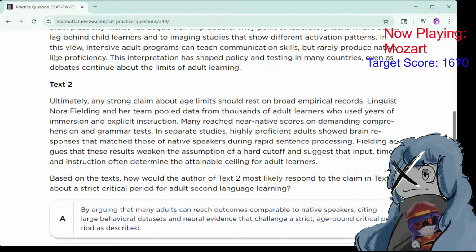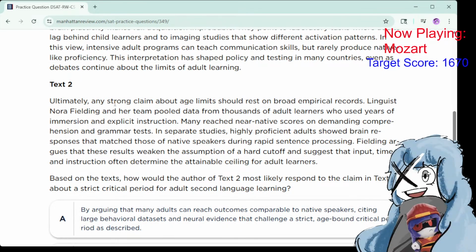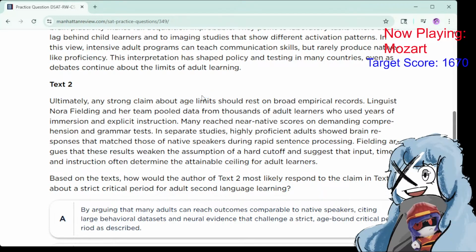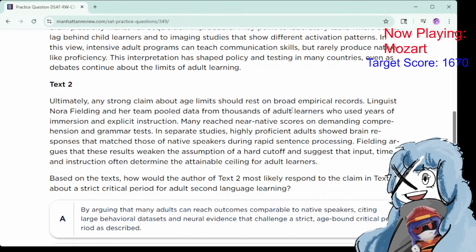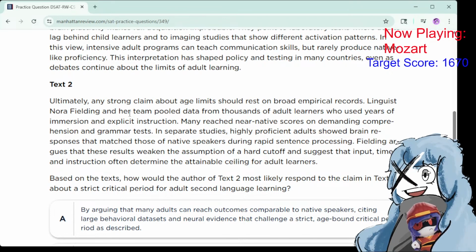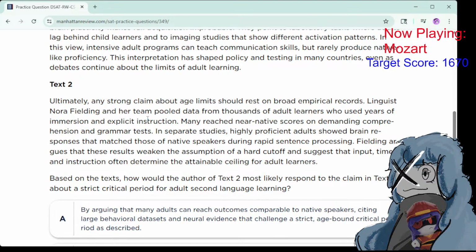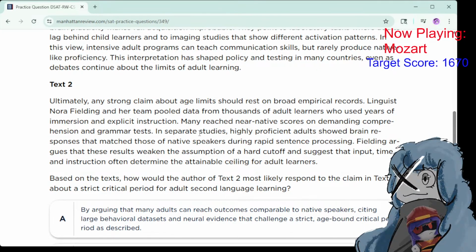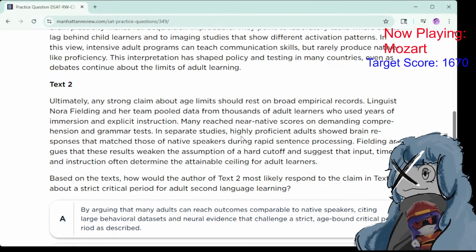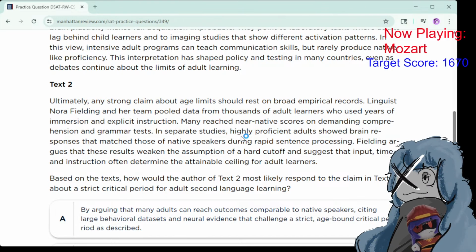Okay. Text 2. Ultimately, any strong claim about age limitation rests on broad empirical records. Linguist Nora Fielding and her team pulled data from thousands of adult learners who had years of immersion and explicit instruction. Many reached near-native scores on demanding comprehension and grammar tests. In separate studies, highly proficient adults showed brain responses that matched those of native speakers during rapid sentence processing.